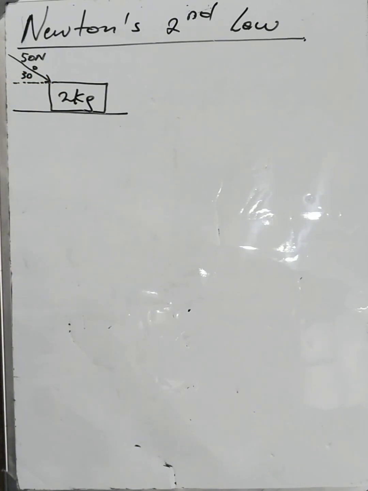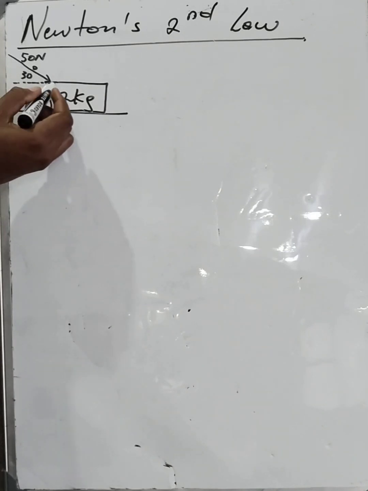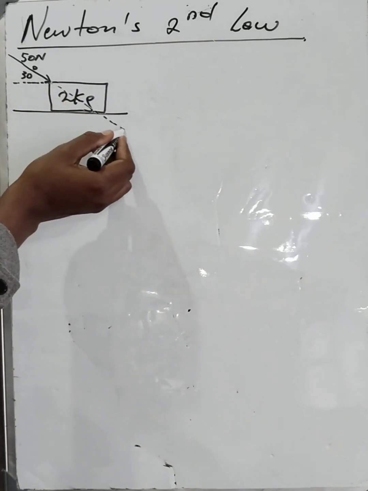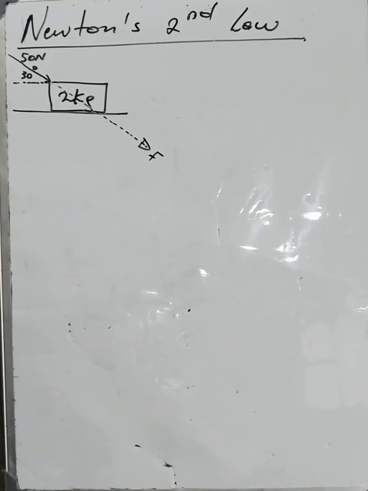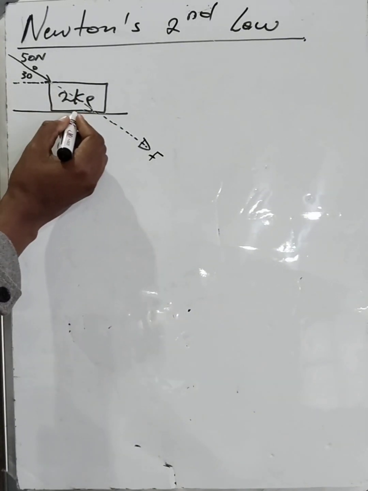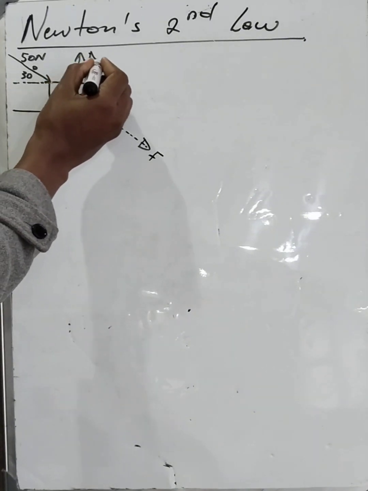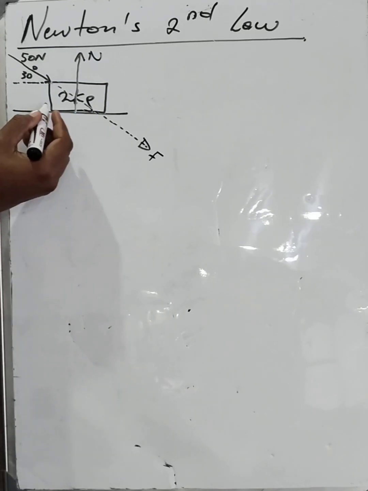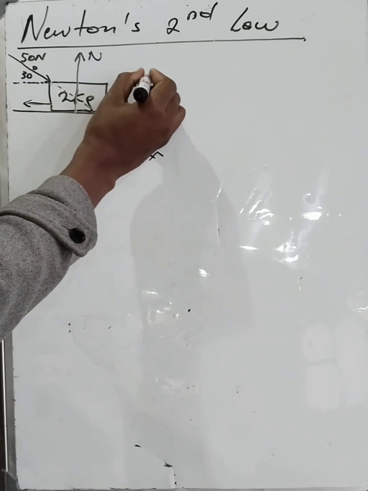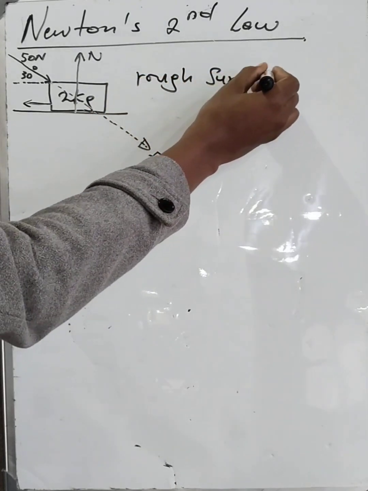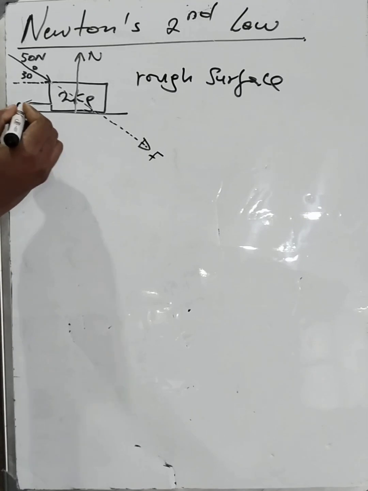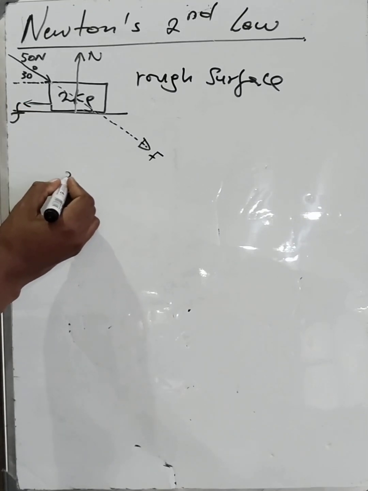So let's draw the free body diagram here. We have this force in this direction. That is force applied. Then we have a normal force here. Then there is a friction if the surface is rough. Let's assume that the surface is rough. And there is friction. Okay, so the free body diagram will be like this.